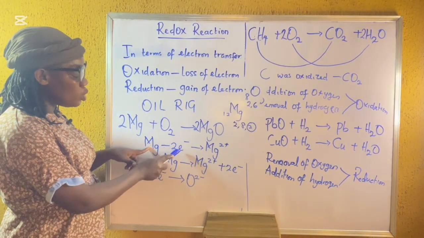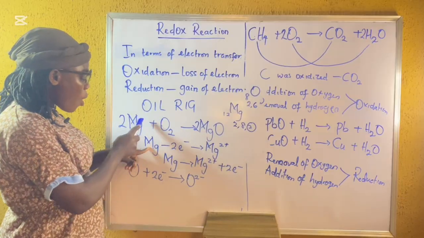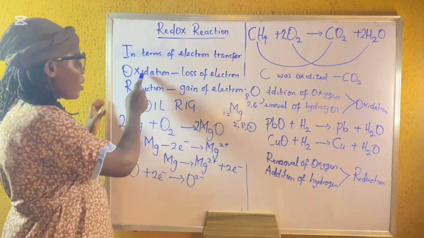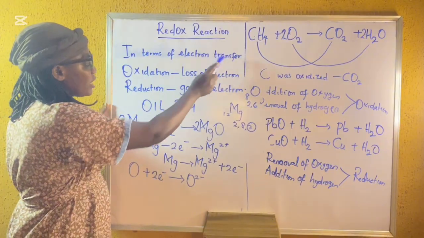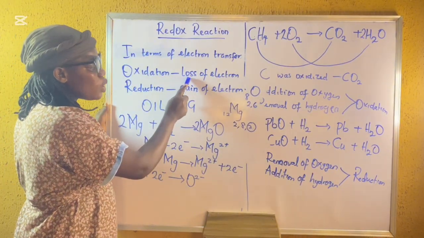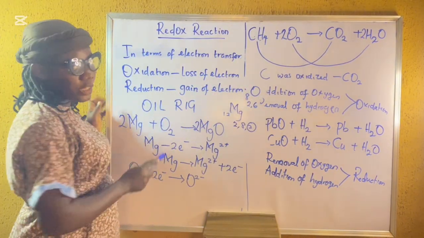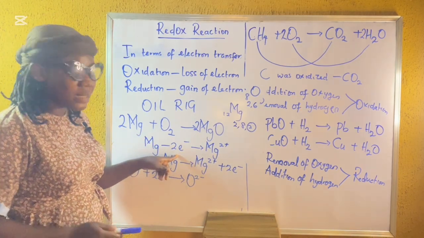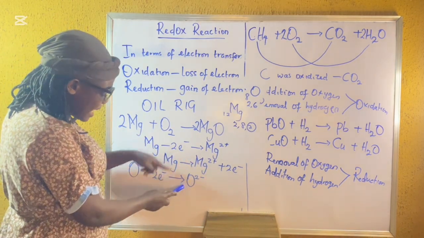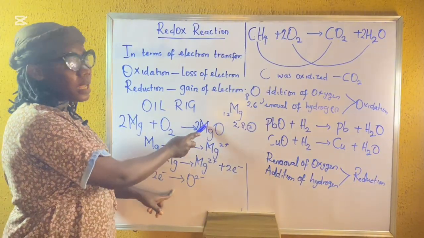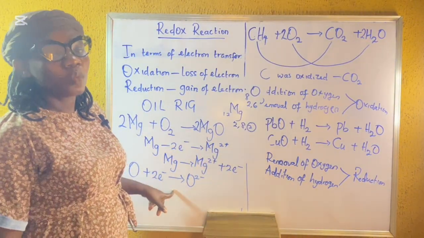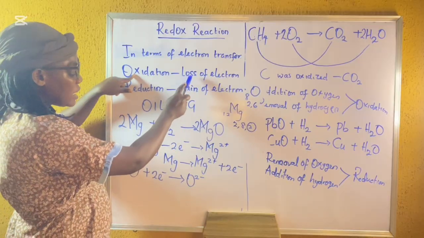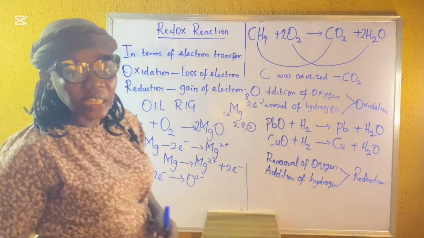Magnesium needs to lose electron before oxygen can be added to it. And that is why oxidation in terms of electron transfer is loss of electron. Magnesium lost 2 electrons, then oxygen gained the 2 electrons before MgO was formed. So oxidation is loss of electron.